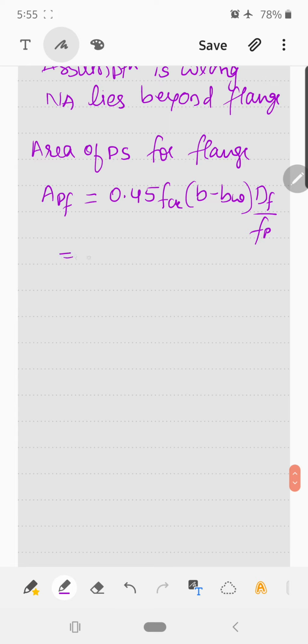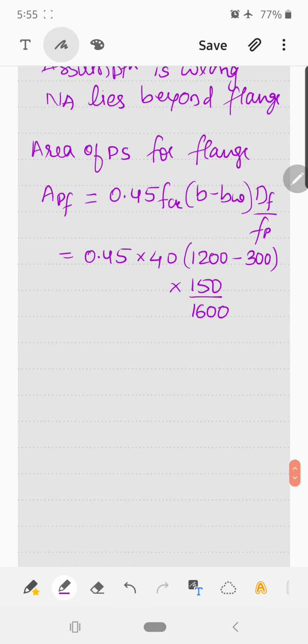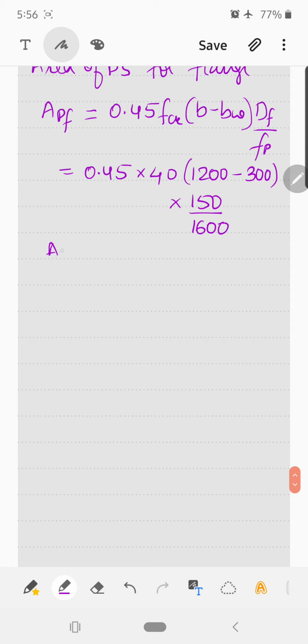So the value is 0.45, FCK is 40, B minus BW, B is 1200 minus 300, into depth of the flange 150, divided by FP 1600. So APF you will get as 1518 mm square. This is the value of APF.